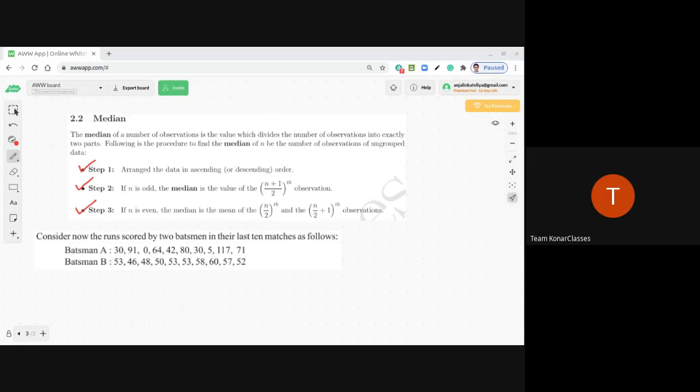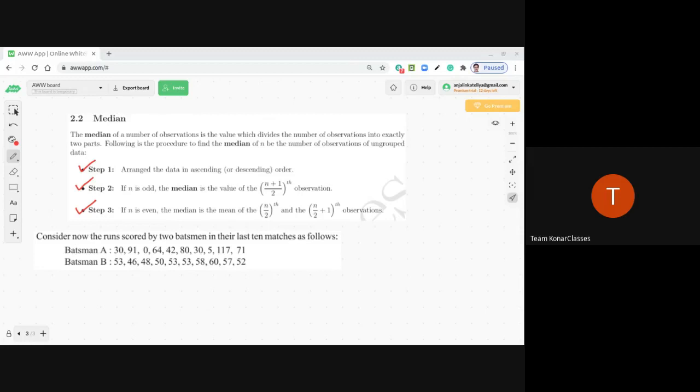Surprisingly, dear students, one thing you will observe is that both their means are the same. The mean of batsman A and the mean of batsman B are the same, and you will get it as 53.